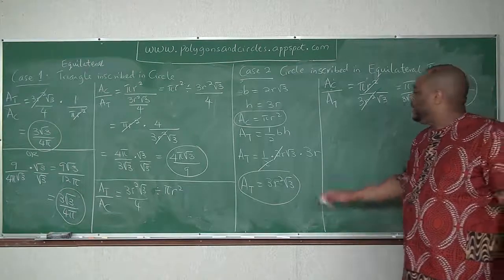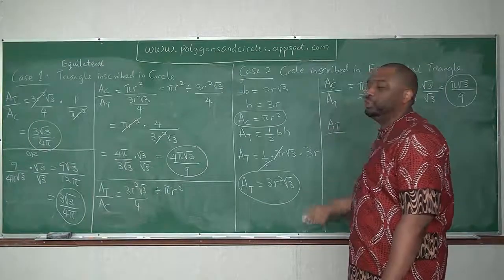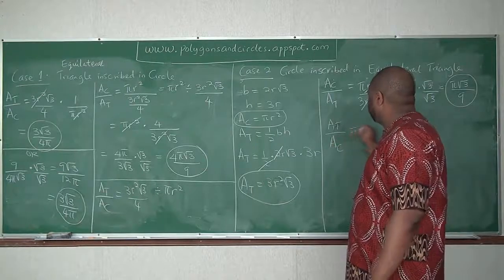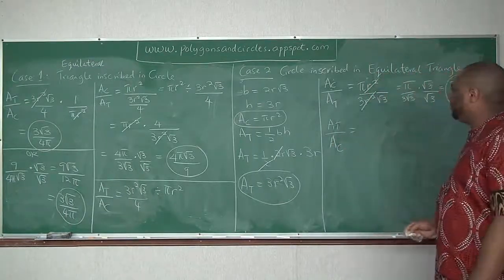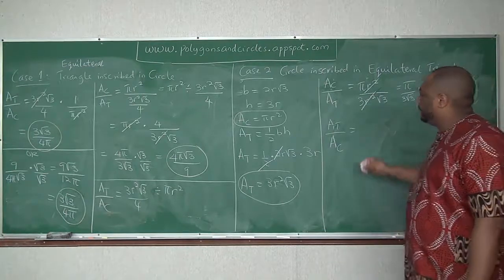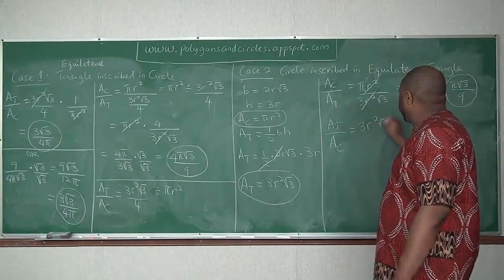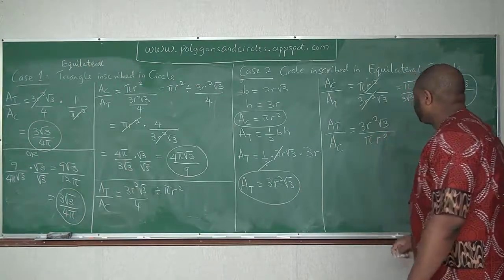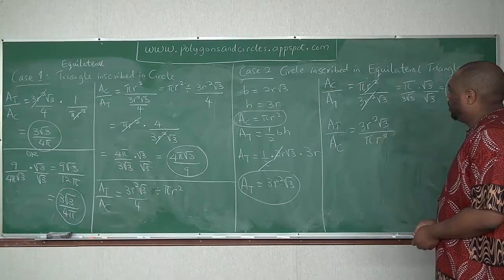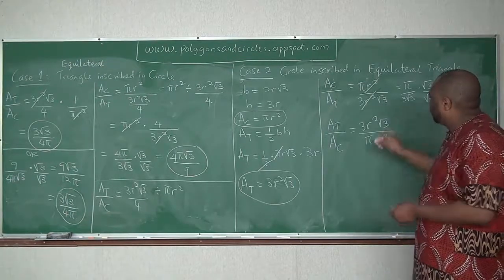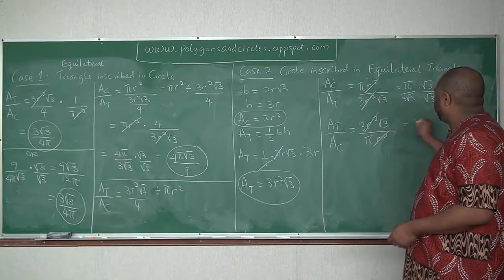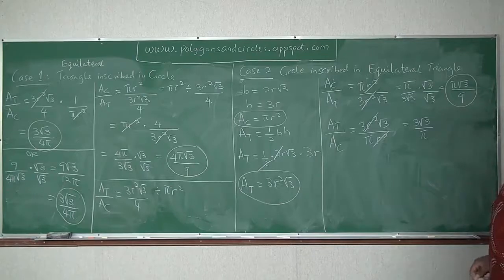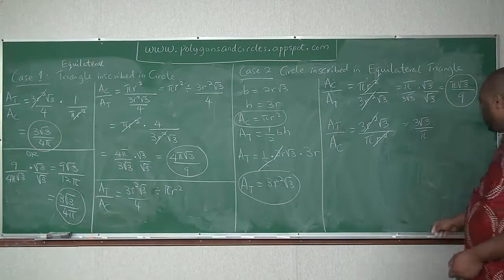If you now want to find the ratio of the area of the triangle to the area of the circle, okay, that would give us 3r squared root 3 all over pi r squared. And this gives us what? r squared crosses out, and we have 3 root 3 over pi. 3 root 3 over pi. That's it. Okay?